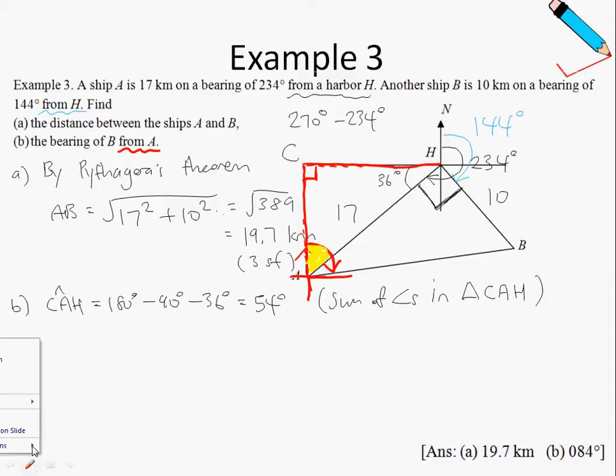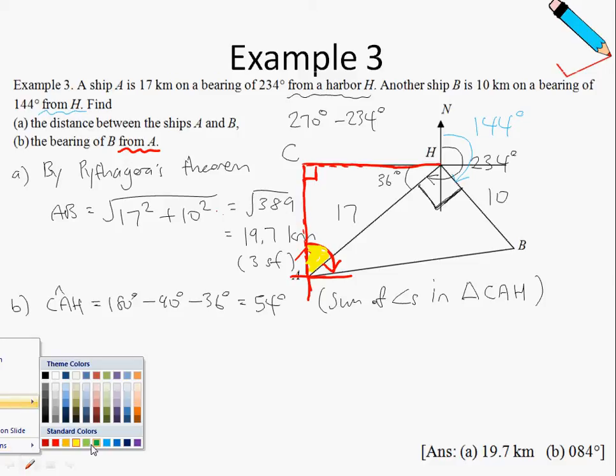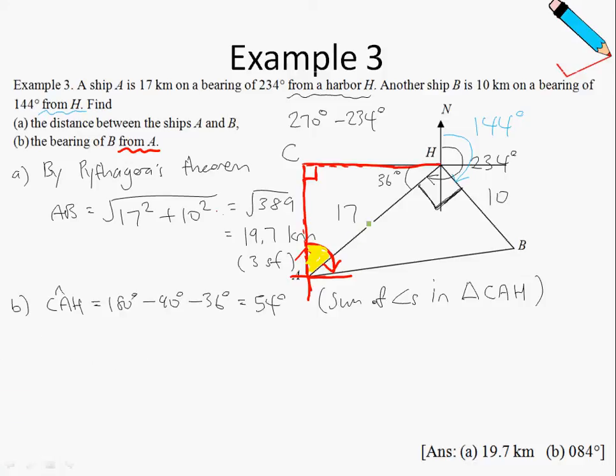The next thing I'm going to do is find the green colored angle. Let me highlight the green colored angle over here. How do we find the green angle? Let me do it in green. The green angle can be found using sine rule.